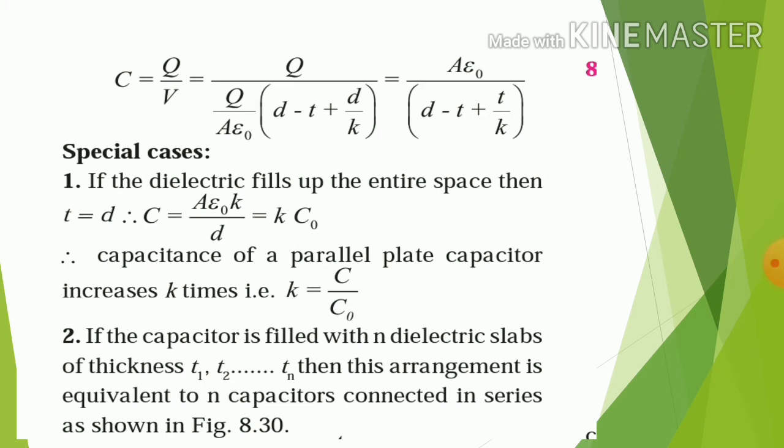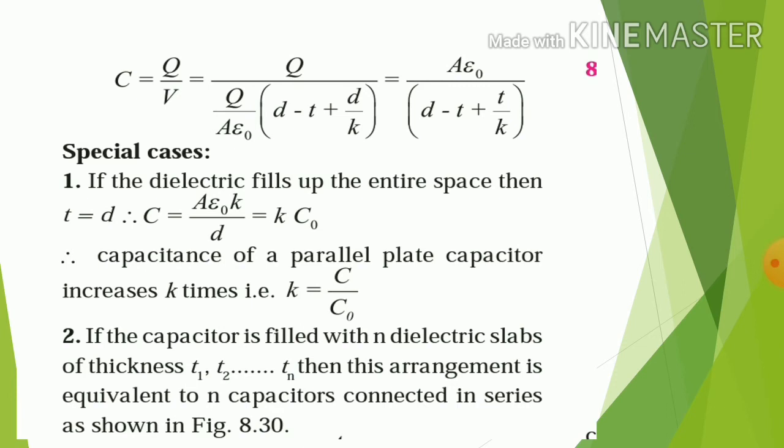We know the relation C equal to Q upon V among three terms, that is capacity, charge and potential. Then in this equation, C equal to Q upon V, we can substitute the value of V in the above equation.